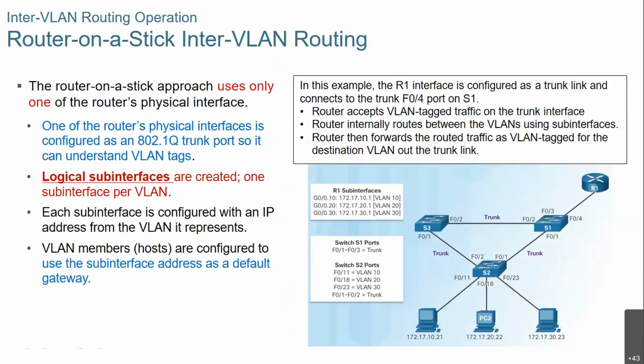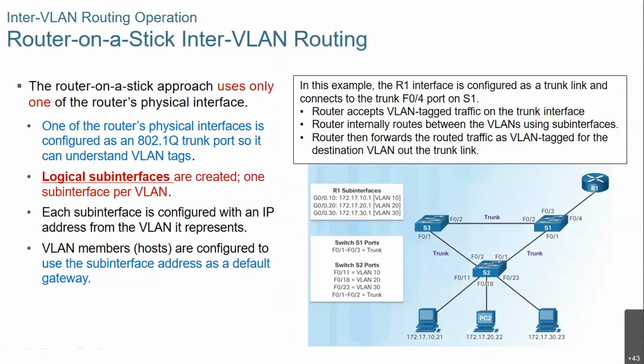It will use one physical interface, but within that physical interface, if you notice here, it created sub interfaces. One sub interface for VLAN 10, one sub interface for VLAN 20, one sub interface for VLAN 30, but all of them use one physical interface, which is the gigabit 0/0.